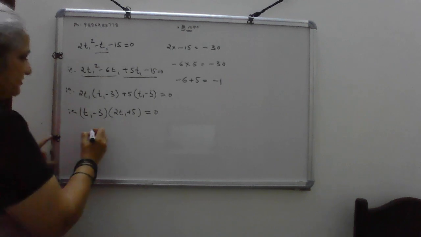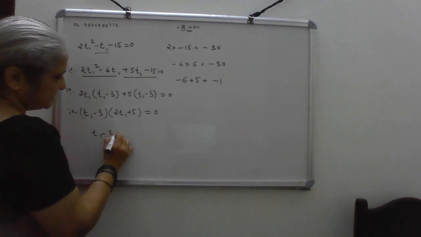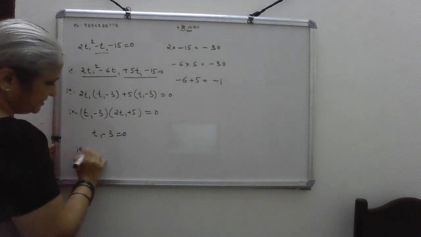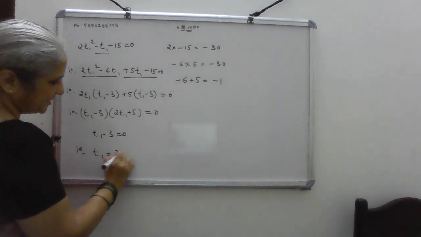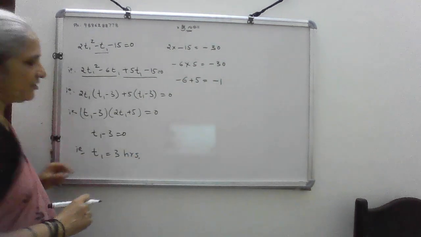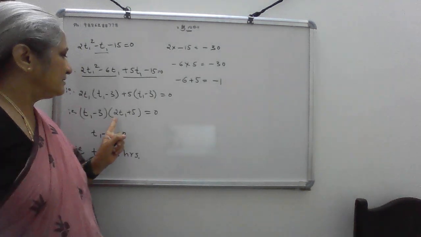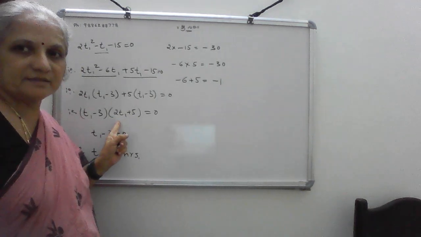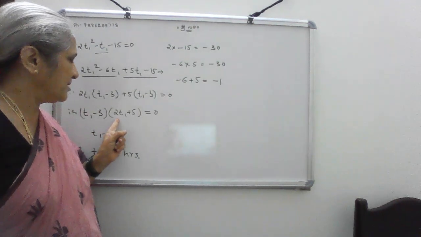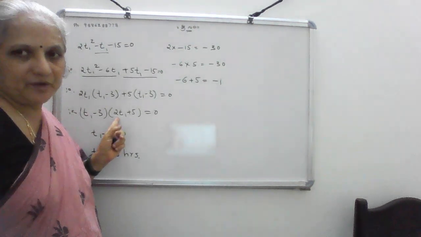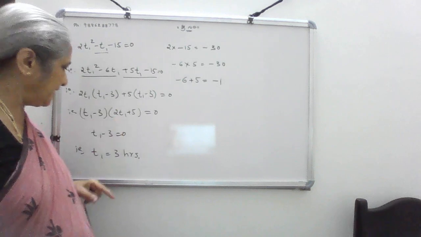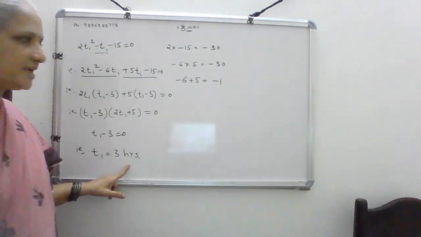If we consider T1 minus 3 is equal to 0, it gives us T1 is equal to 3 hours. We cannot take 2T1 plus 5 is equal to 0, because we get T1 as a negative number, whereas time cannot be negative. Therefore, we have to take only T1 is equal to 3 hours.